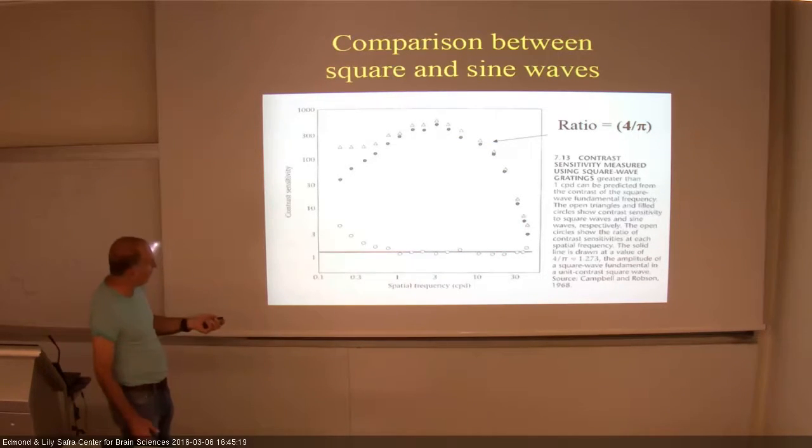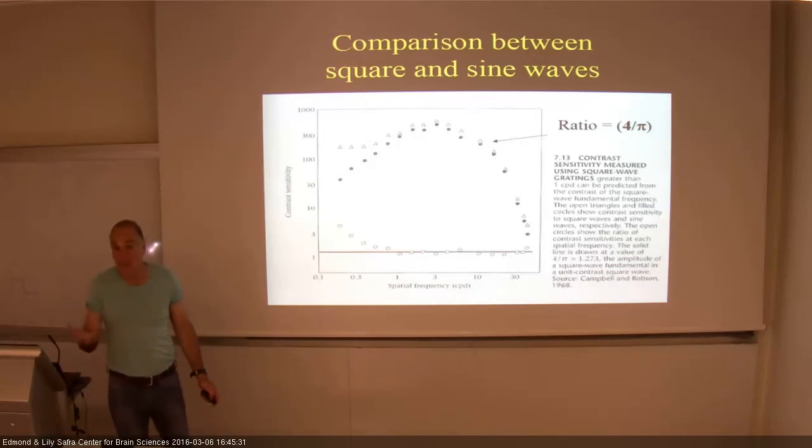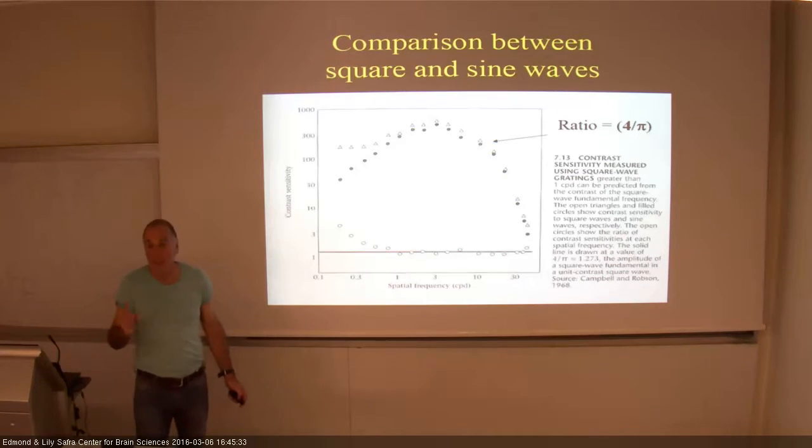So you see, all over these frequencies, the ratio of performance that you get for the square wave and the sine wave is a ratio of 4 over pi. Exactly as one would expect from a Fourier decomposition. Beautiful, right?